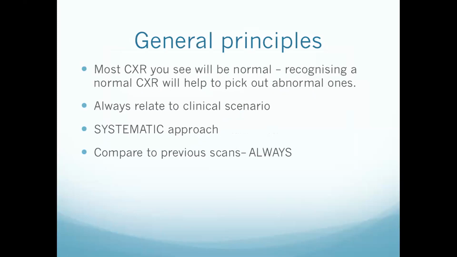So just some general principles, just main things to remember. Most chest X-rays you actually see will be normal. So it's very important that you can recognize the normal one, because if you can do this, it will help you pick out all the abnormal ones when you do come across them. Always try and relate it to a clinical scenario.